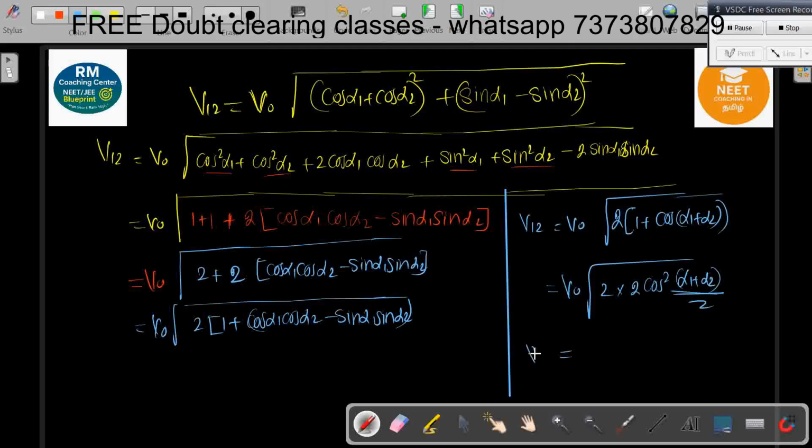So we get v12: 2 into 2 is 4, and outside the root it is 2 cos of alpha 1 plus alpha 2 by 2. Take it out of the root.